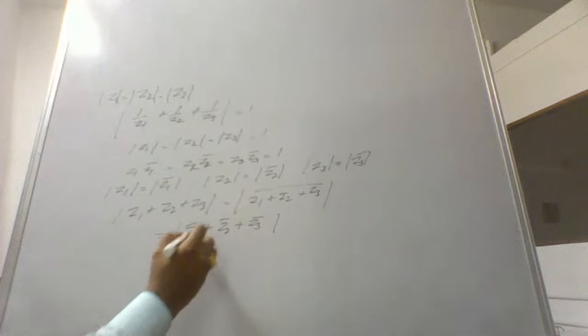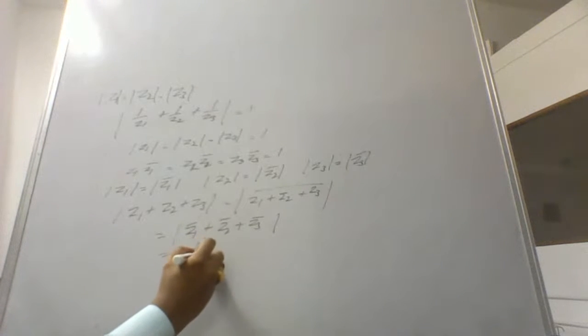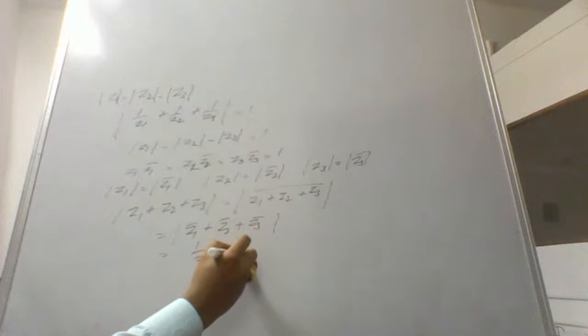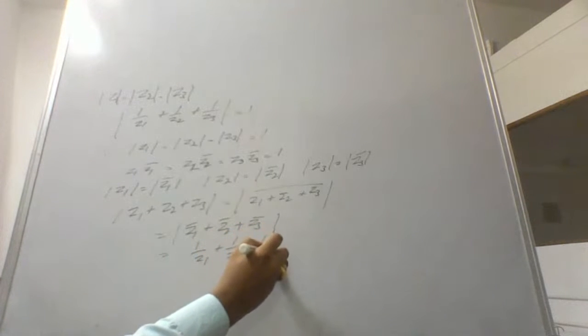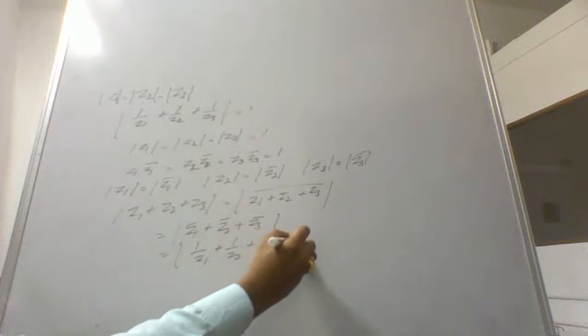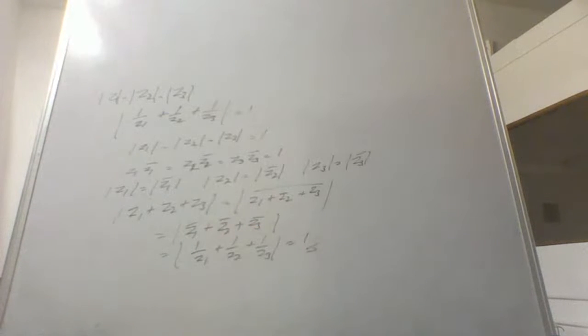Now this would be 1 by z1, 1 by z2, 1 by z3, which is equal to 1. So hence we got the value which is equal to 1 here.